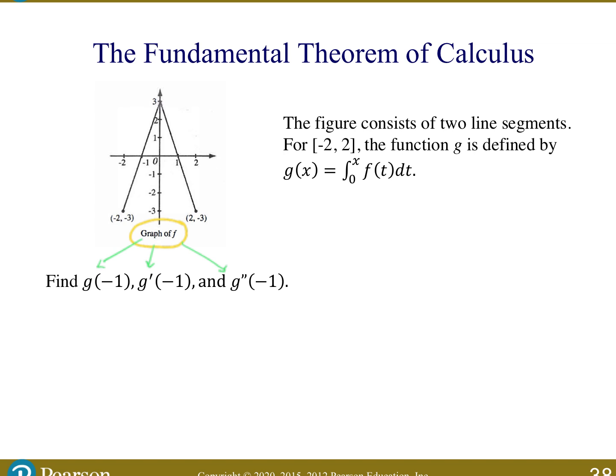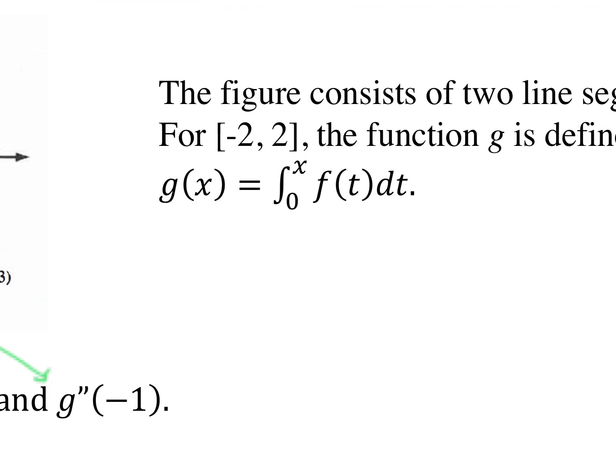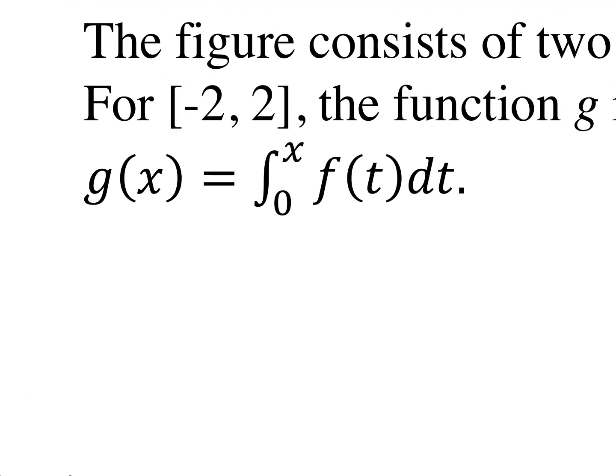So this figure is 2 line segments, and the relationship between g and f is that g is the antiderivative of f. So we are given that information. This is where I really recommend you do some pre-writing.